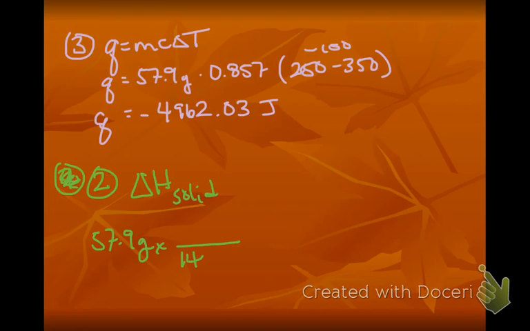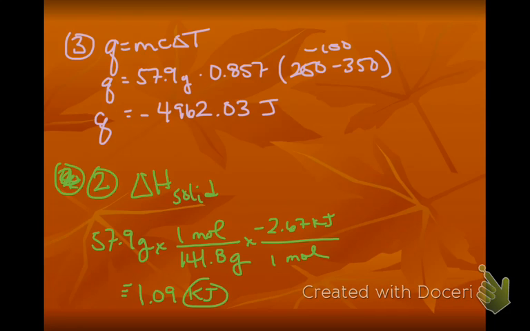And now I know the molar mass is 141.8 grams per mole. And according to our chart there, is going to release 2.67 kilojoules for every 1 mole going through that process. And that comes out to be negative 1.09 kilojoules, so that much is released. And so again, kilojoules, and we've got joules.